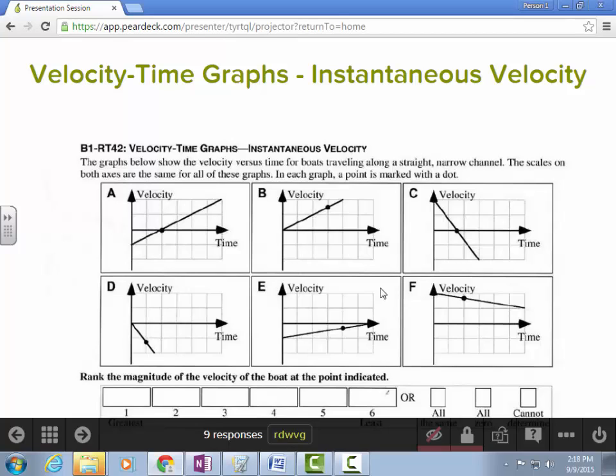So, I would argue it is B. And then I think B is just slightly greater than D. And then E. And then C, which is equal to A.